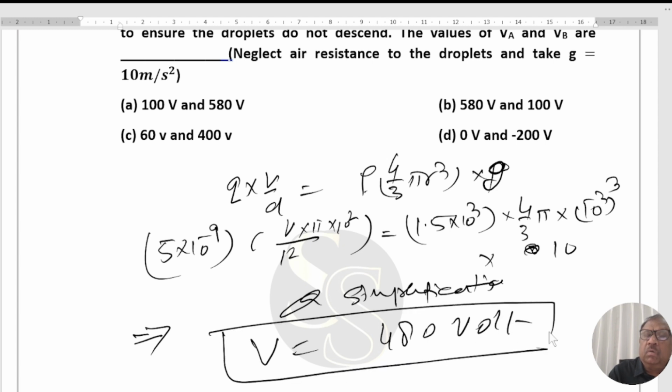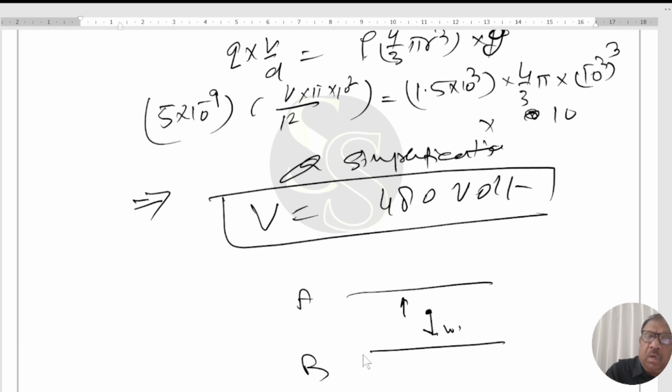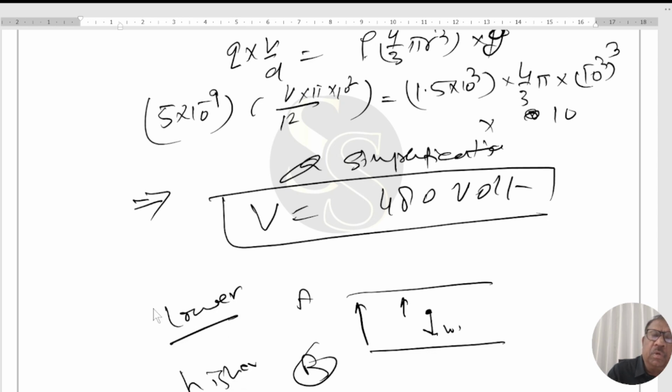480 volt. This is plate A, this is plate B. The direction of electric field is always from higher potential to lower potential. So VB should be at higher potential and VA at lower potential.